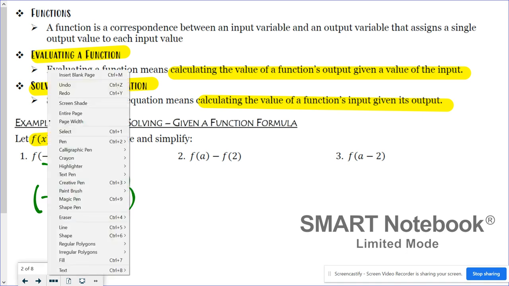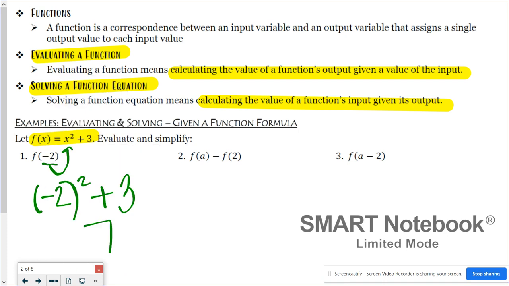Number 2 looks a little bit different than what you saw in chapter 1, mainly because of that f of a. But what does it mean when we evaluate a function? It means we know the input, so let's put it into the function. So f of a, we would get a squared plus 3.